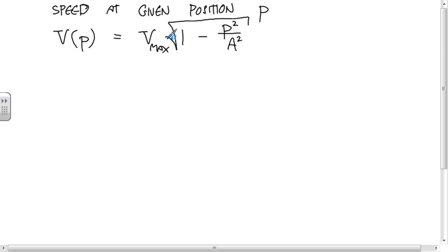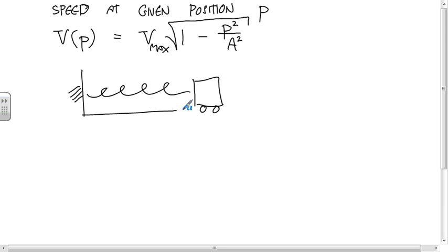Okay, so let's just plug 3 values in here to make sense out of this. So here's the mass at the spring's resting length.